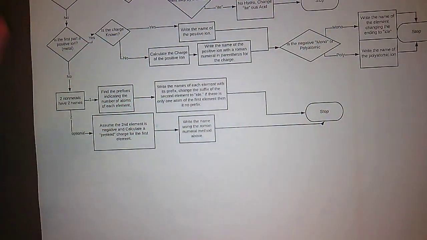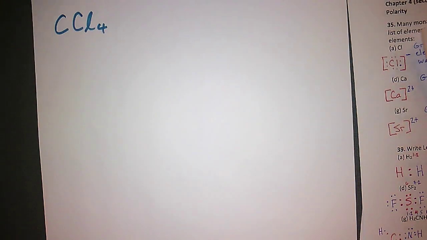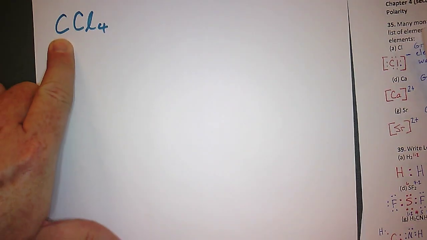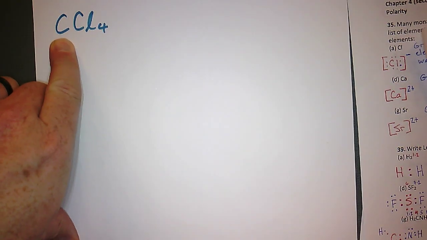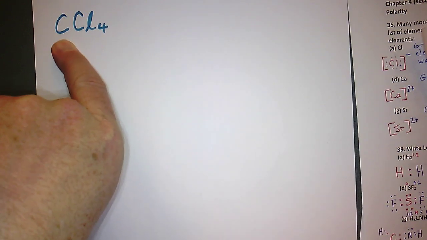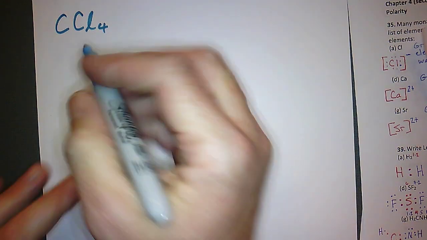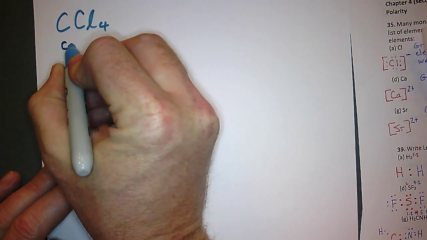So what is the prefix for one? Mono. There is only one carbon, but you never start a compound with the term mono. I don't know why, they just don't. So if there's only one of the first element, we just write it as carbon.